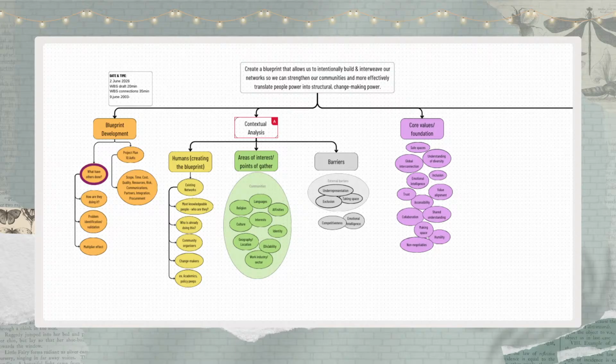It has to make sense, not to me, not to Alejandra. It has to make sense to your projects. And in this moment, Alejandra is bringing that potential, like, okay, we have a contextual analysis here that will help us to develop the blueprint.